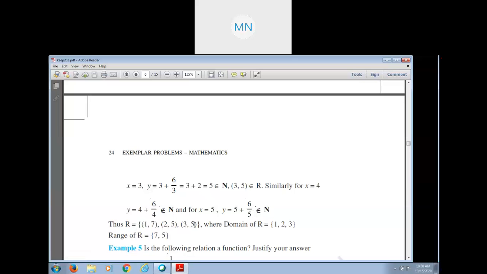Then the domain of this relation is what? Domain means the set of the first elements. For the ordered pair (1, 7), the first element is 1.